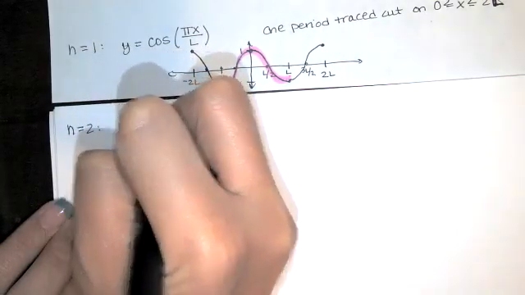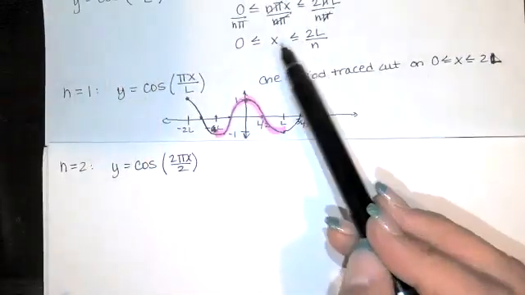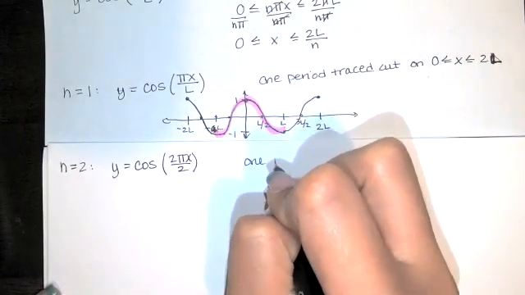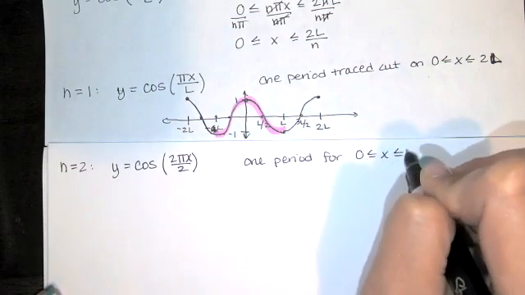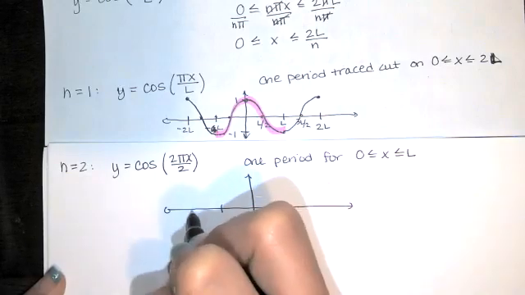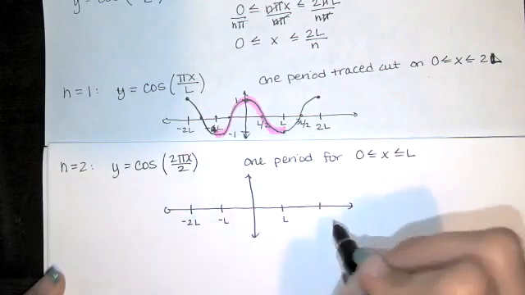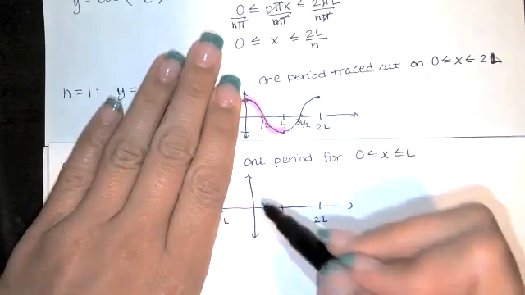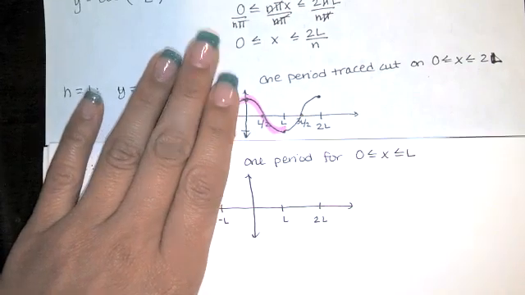We've got cosine of 2 pi x over L. In that case, when I substitute n equals 2 into this inequality, I get 0 to L. So we'll trace out one period for x between 0 and L. And that means that if I look at the interval from negative 2L to positive 2L, rather than having one period here like we did before, now we're going to have two periods traced out on the interval from 0 to 2L.